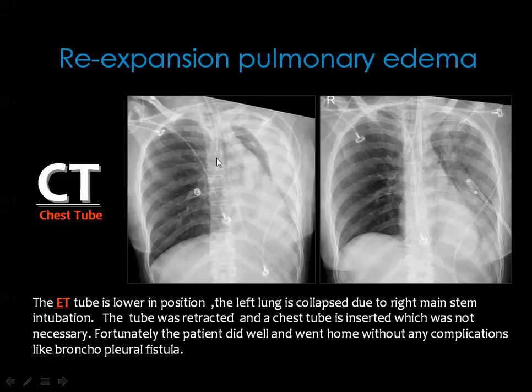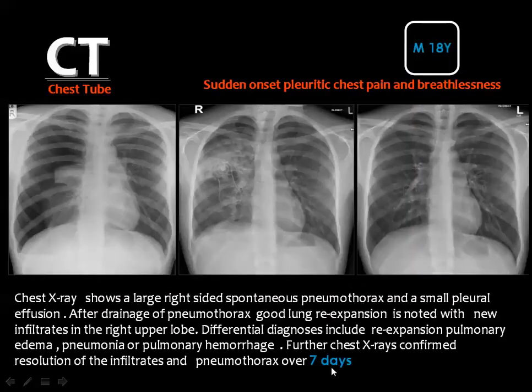After correction of the position of the endotracheal tube, they also put an intercostal tube, which was not indicated in this particular patient, and you can see adequate expansion of the lung with some opacification, denoting re-expansion pulmonary edema. And this is another example.